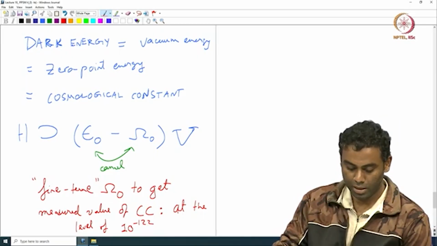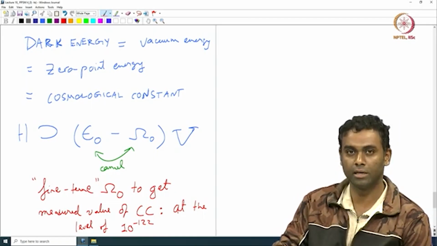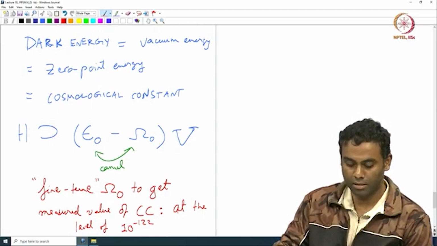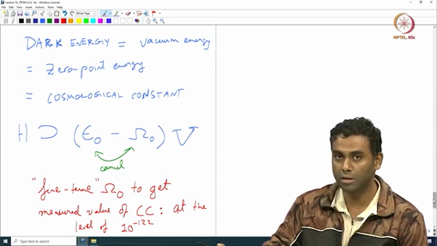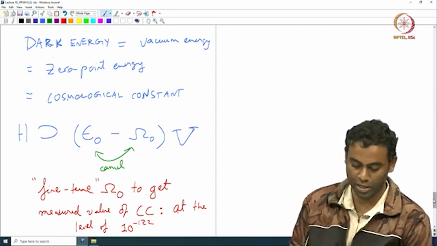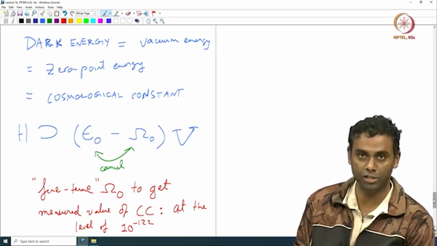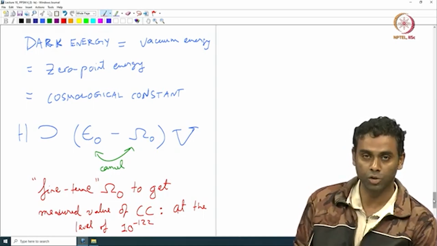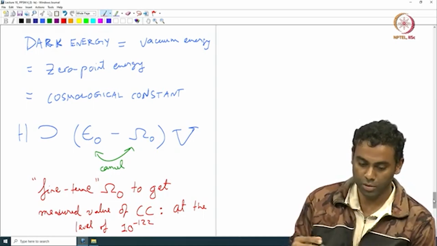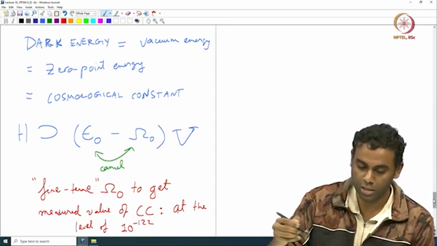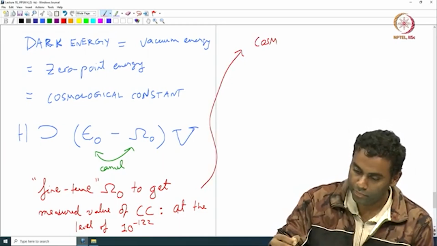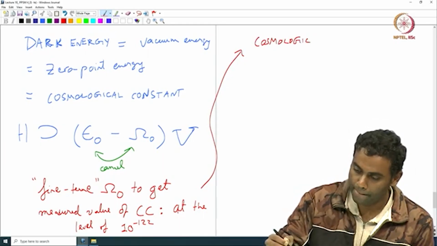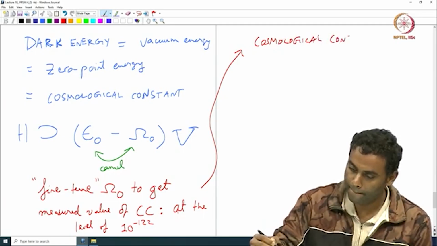Okay. Now that looks very, very, very unlikely, right? And you agree, if you buy something, okay, let's not go into the analogy, but it's just a very strange thing that you have to cancel so many decimal places. So this fine tuning is what is known as the cosmological constant problem.